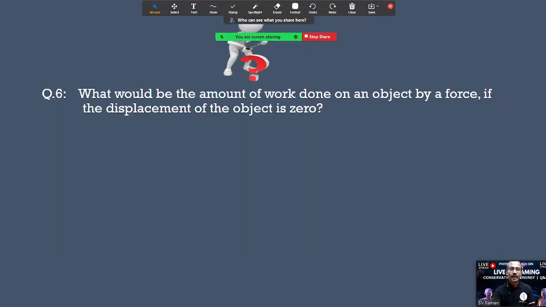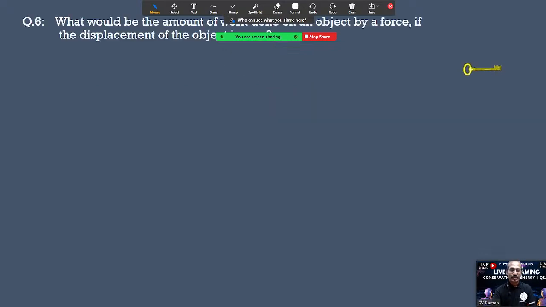What would be the amount of work done on an object by a force if the displacement of the object is zero? You can see here, work done is equal to force into displacement. Since displacement is equal to 0, work done also will be 0.